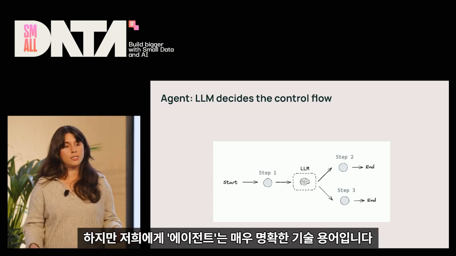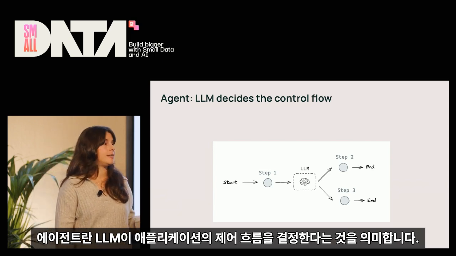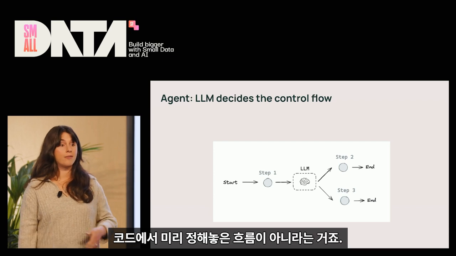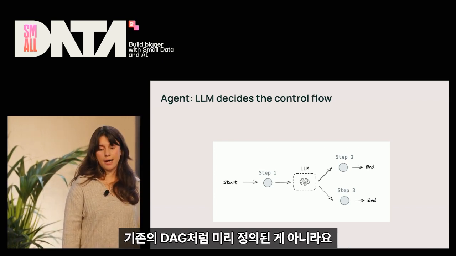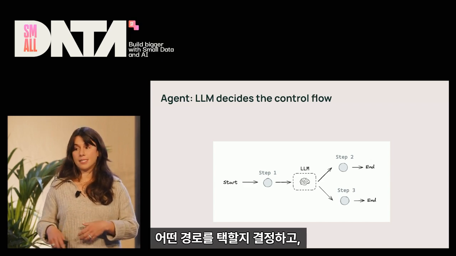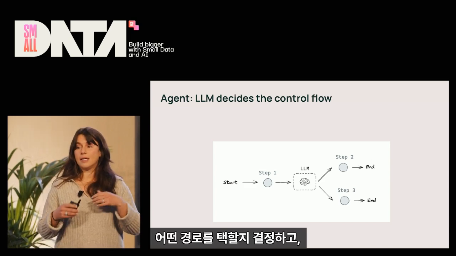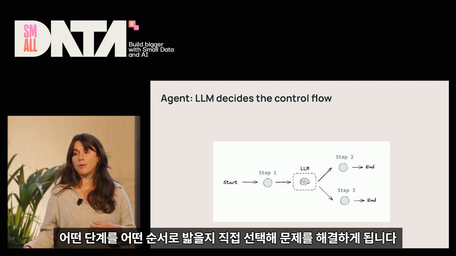But for us, agent is a really specific technical term. An agent just means that an LLM decides the control flow of your application instead of predefining it upfront in code like you might have with a DAG. In this diagram, you can see the LLM decides the routes and gets to pick which steps it is going to take in order to solve the problem at hand.